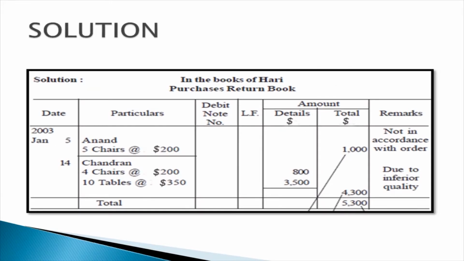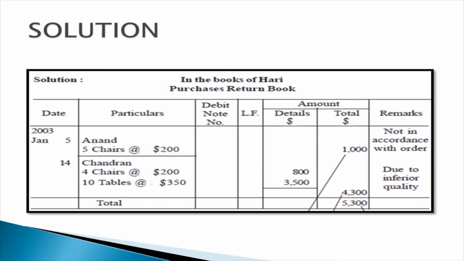You will find in the particular side, first one is on January 5th, that is Anand, and 5 chairs at $200 each. The total becomes $1,000. And on January 14th, you will find Chandran, and there are 2 subheads under it, that is 4 chairs at $200 each and 10 tables at $350 each.